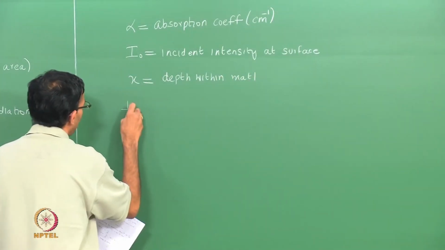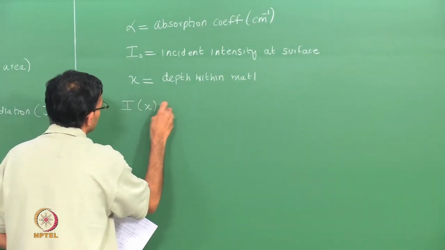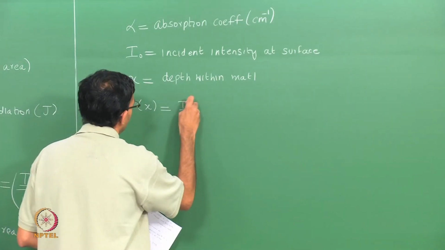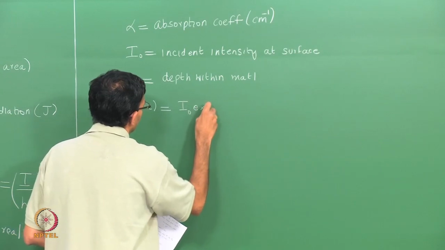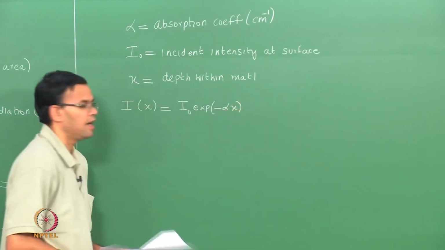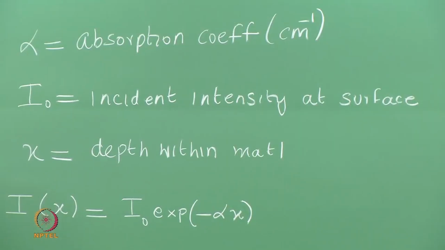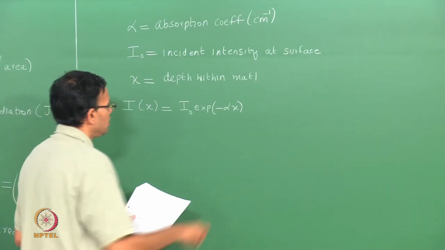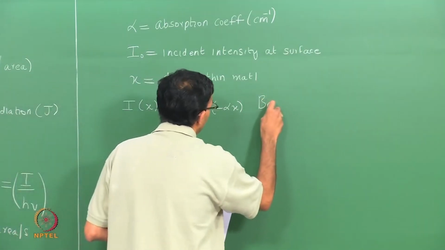then the intensity I at some depth x is I naught exponential minus alpha x. So the intensity drops exponentially as you go deeper within your sample. This is called the Beer-Lambert law.